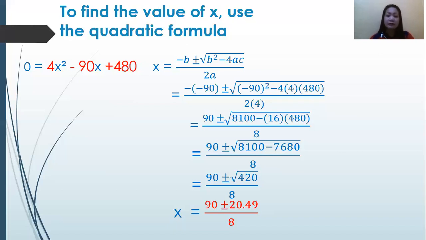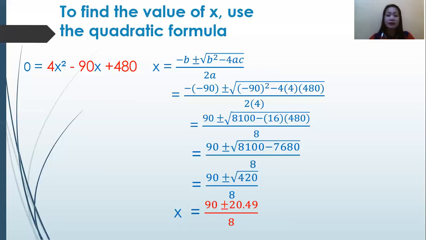Proceed. 90 plus or minus the square root of 8,100 minus 7,680, which is 16 times 480, over 8. The difference between 8,100 and 7,680 is equal to 420, and the square root of 420 is equal to 20.49. Therefore, the value of x here is 90 plus or minus 20.49 over 8.